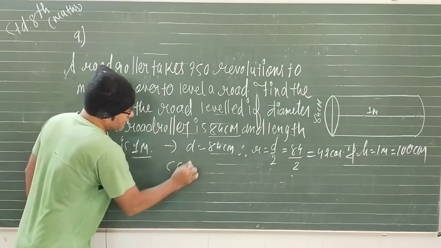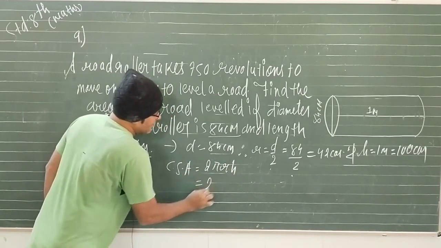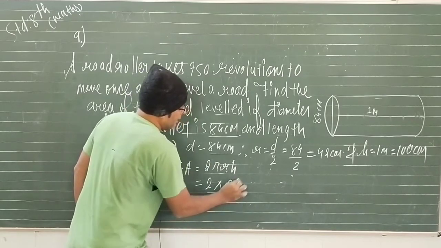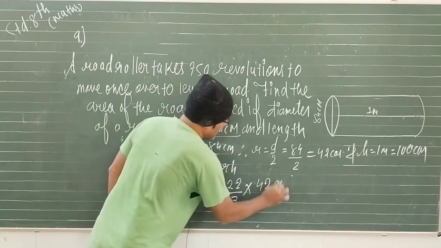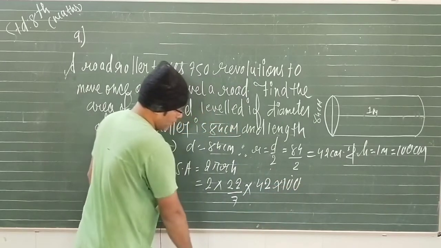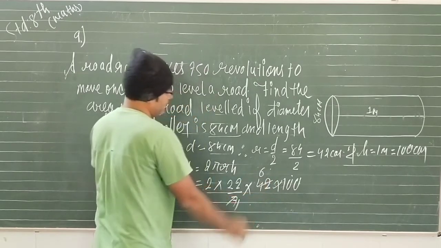Now curved surface area is equal to 2 pi r h is equal to 2 into 22 by 7 into 42 into 100. Now see, 7 sixes are 42.